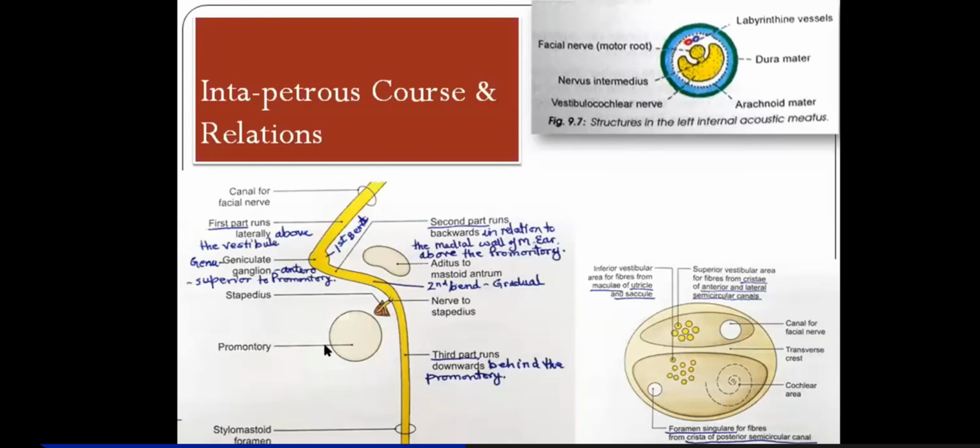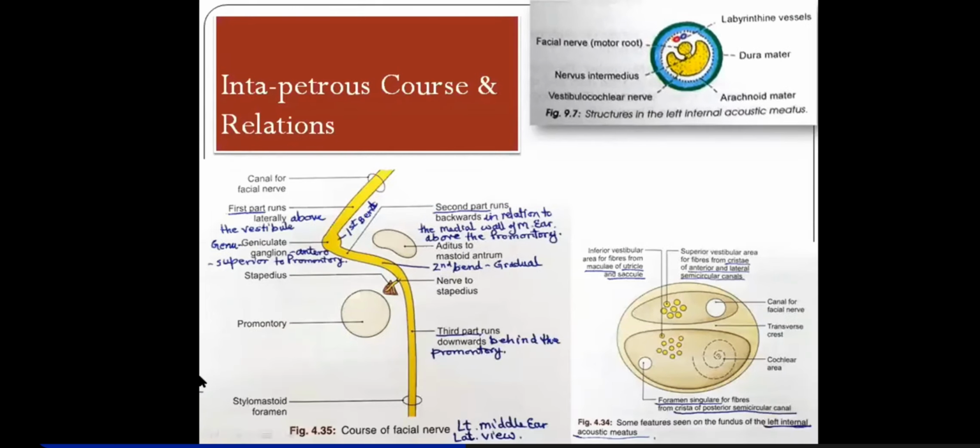You can make the relations easily, because let me tell you, first have this orientation of the diagram. This you're seeing is the facial nerve of the left middle ear. So imagine you're seeing with the otoscope, the left middle ear cavity from the lateral side.